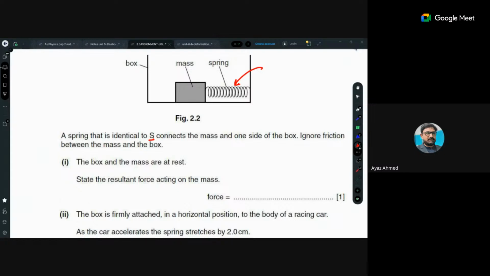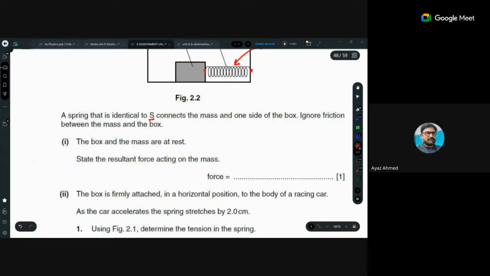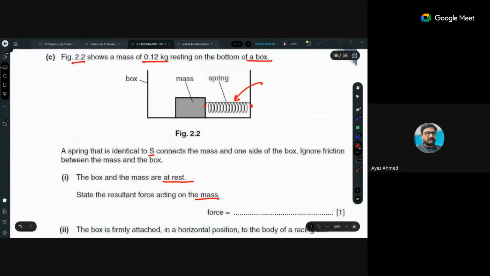Ignore the friction between mass and the box. So it is connected from one side, and from the other side it is connected with the mass, and don't consider friction. The box and the mass are at rest. State the resultant force acting on the mass.